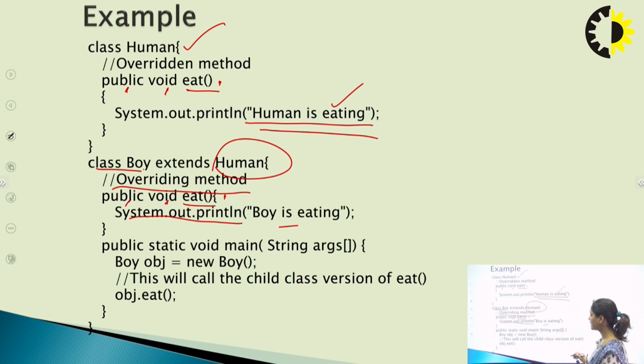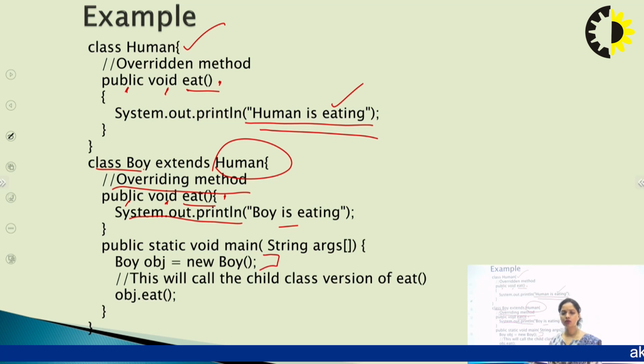At the time the object is created, as we know in inheritance, we create the object only for the child class, not for the parent class, because in inheritance we can access both the child class and the parent class through a single object. So here Boy has this object, and this is our child class object.